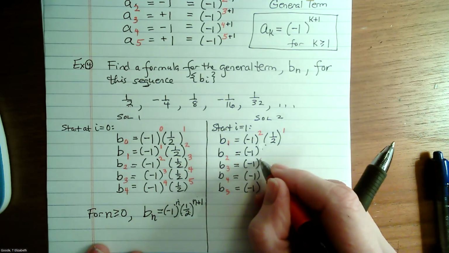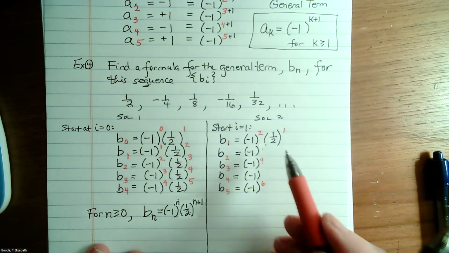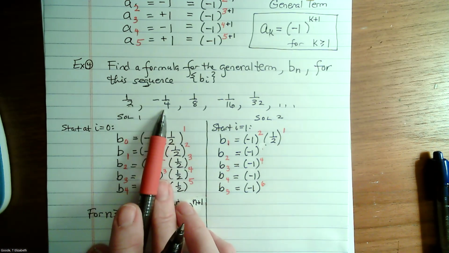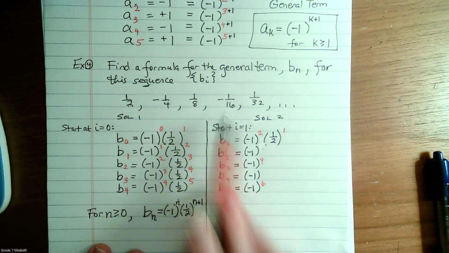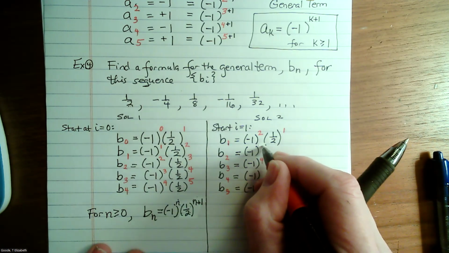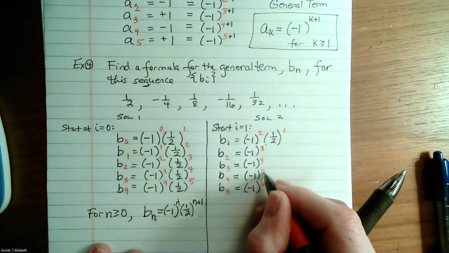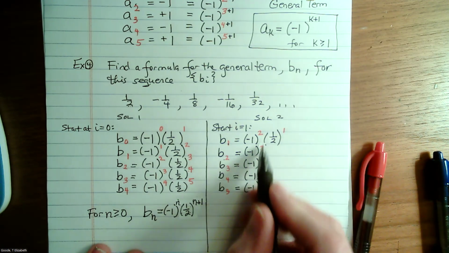So we want 4 here, and we want 6 here, and that'll give the right sign. And then if this is B1, then B2 is -1/4, B4 is -1/16. So again, we don't want to get a positive, so we have to raise the -1 to the power that's going to flip the parity. So just add 1.